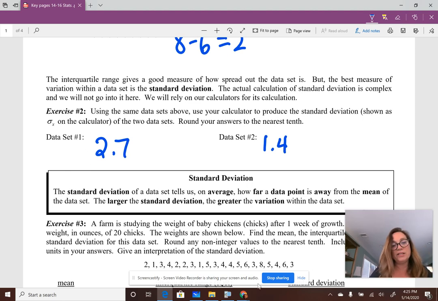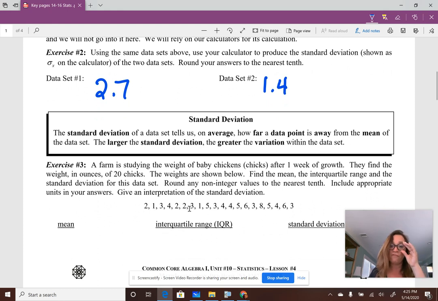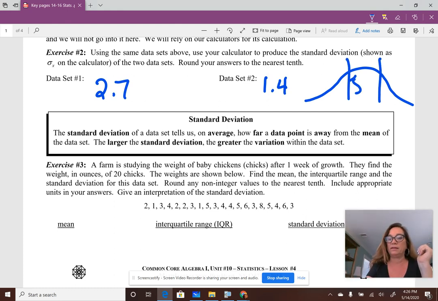The standard deviation of a data set tells us, on average, how far a data point is away from the mean of the data set. The larger the standard deviation, the greater the variation within the data set. It's pretty simple. If I was to plot this in a dot plot, I would want the data to look like that, where 50% of it is right in here.